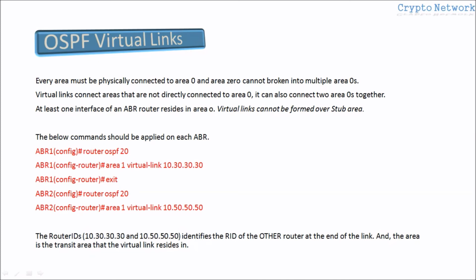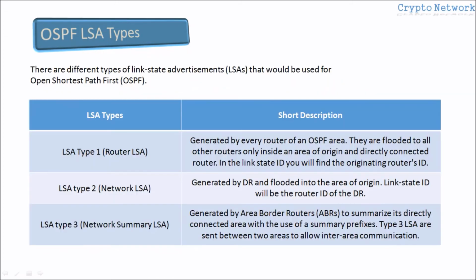Fine. So now OSPF LSA types. LSAs build up the OSPF link state database, and they are exchanged between OSPF enabled nodes. We have a list of OSPF LSAs here and a short description.